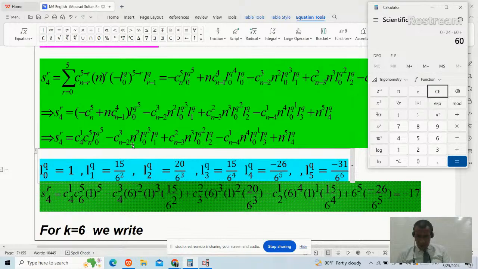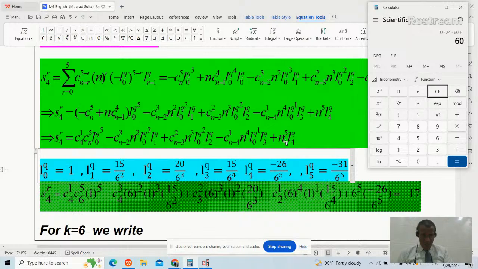The formula we told: 4 choose 1, correct, then minus 4 choose 3, correct, then plus 3 choose 2, correct, 20, then minus 2 choose 1, yes, 15, correct.